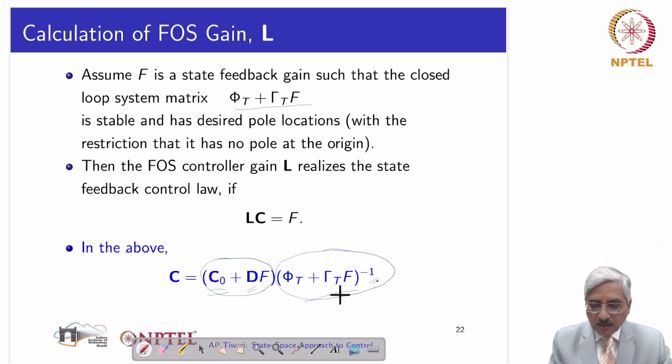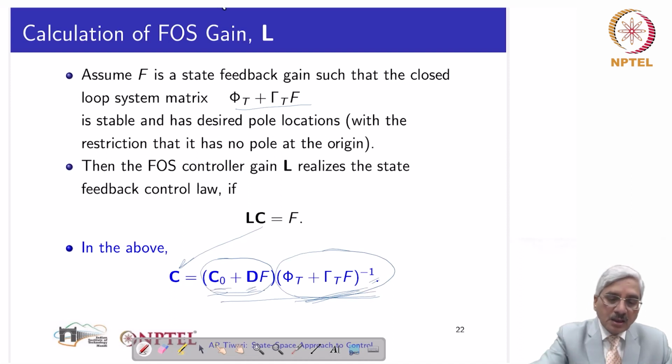So this is why the poles of the closed loop system are not permitted to be at the origin, because in that case we will not be able to generate this inverse. So this boldface C matrix is defined by this relation, the product of two matrices, and of course C0 and D are also known.